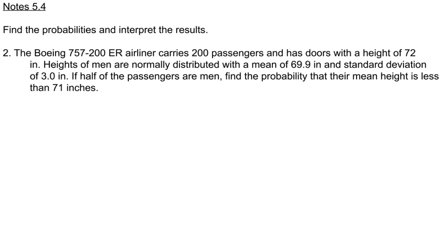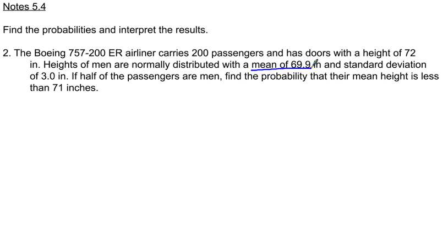In the next example, the Boeing 757-200 extended range airliner carries 200 passengers and has doors with a height of 72 inches. So heights of men are normally distributed with a mean of 69.9 inches and a standard deviation of 3 inches. So far, the first part of the sentence is information.